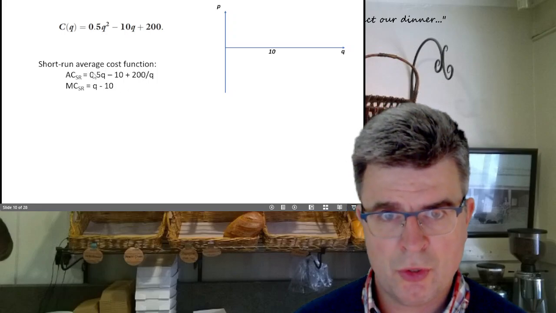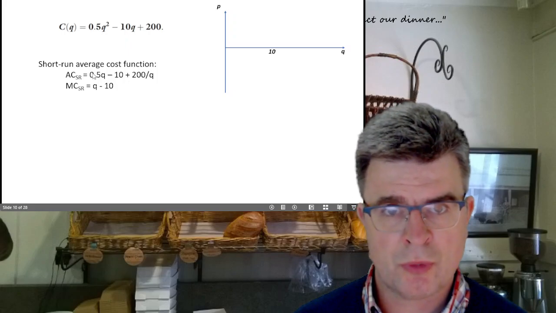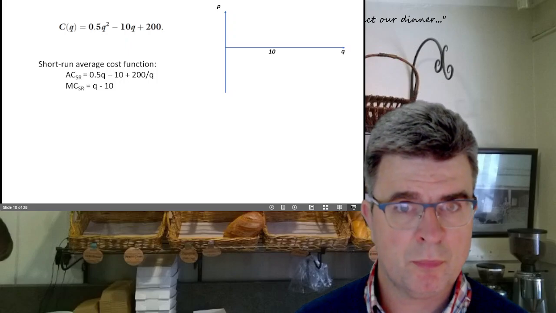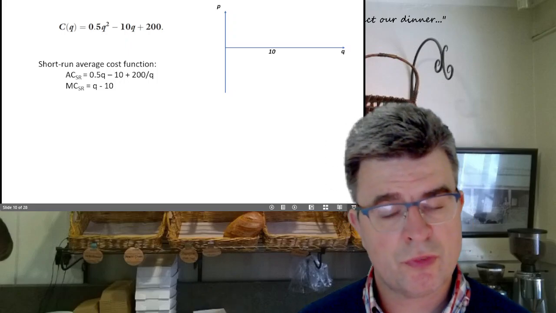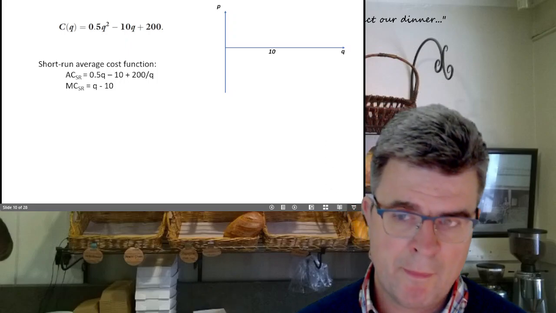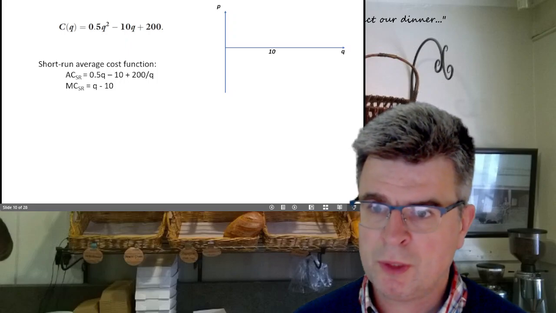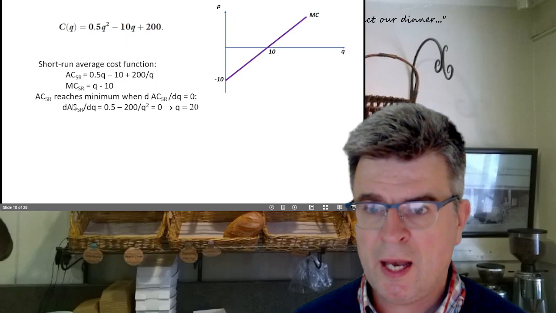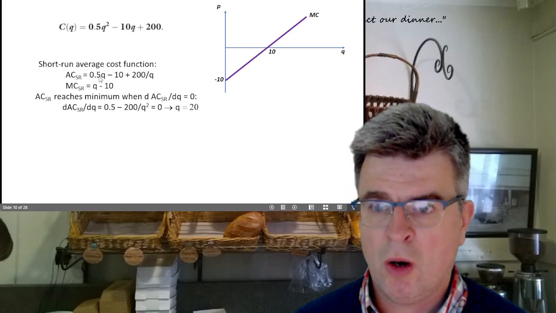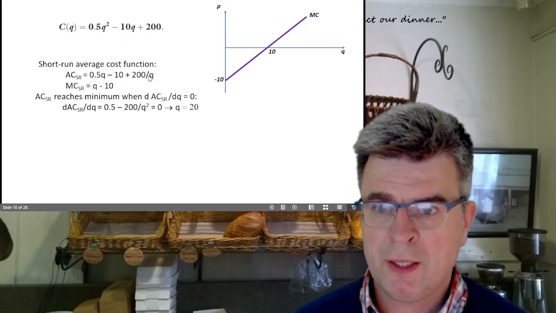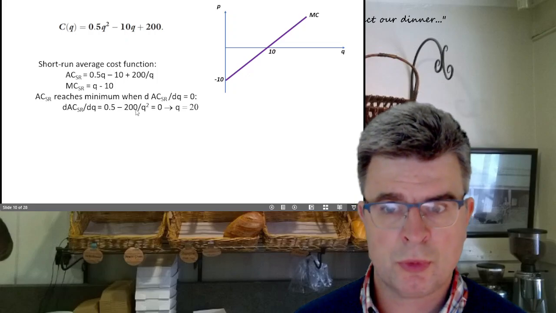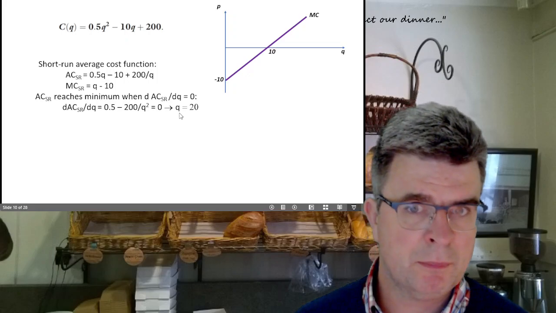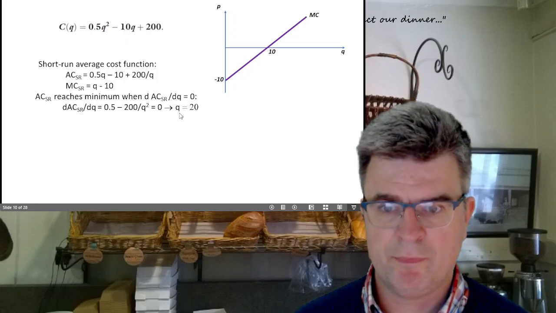So for which Q is the average short run cost minimum? And to find a minimum, you usually take the derivative of a function and set it equal to 0. That's what we do here. So we differentiate the average cost function with respect to Q. And we get 0.5 minus 200 divided by Q squared. We set it equal to 0 in order to find the minimum. And the minimum is at 20.